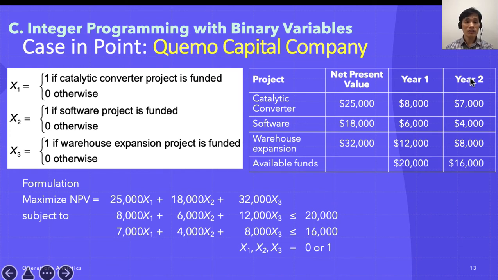Similarly, year two is you have to spend $7,000 for catalytic converter, $4,000 for software, $8,000 for warehouse expansion, and it cannot exceed $16,000. So those are specified here, and you are now required to run Excel Solver to find the answer.